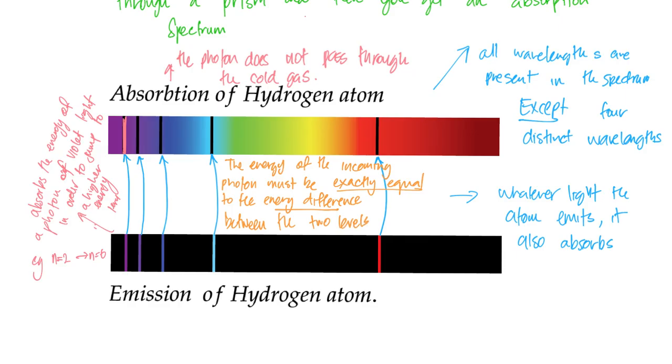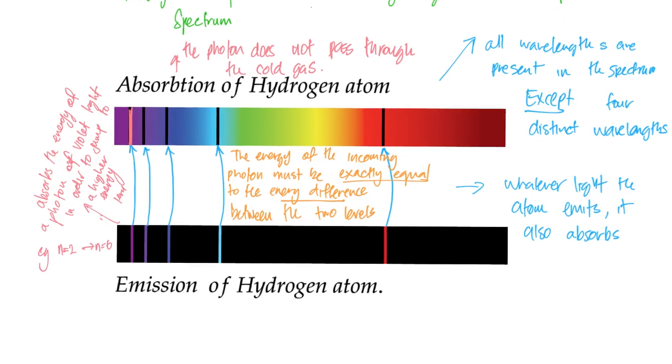If the energy of the photon doesn't match that exact energy required to make that upward transition, it's going to ignore the photon, and the result is only the photons with specific energies will be absorbed by the electrons in hydrogen atoms or any other different type.